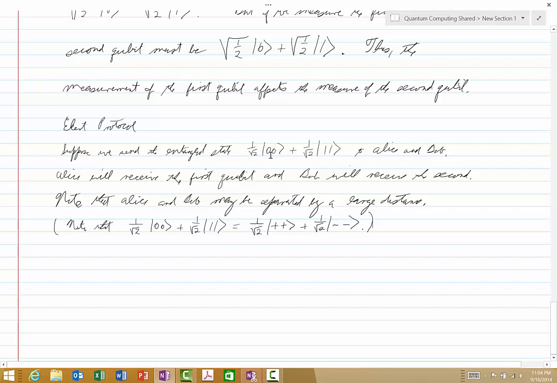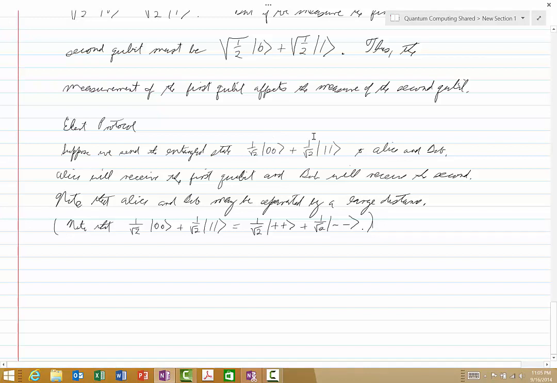If Alice uses the standard basis to measure the first qubit, and if she measures a 0, that means that Bob's qubit is 0. And so if he measures it with the standard basis, he will certainly, with a probability of 1, measure it as 0.